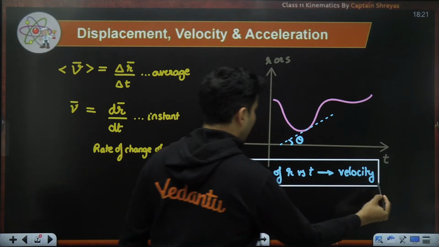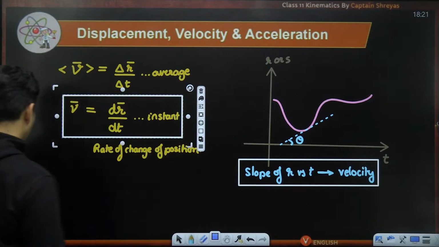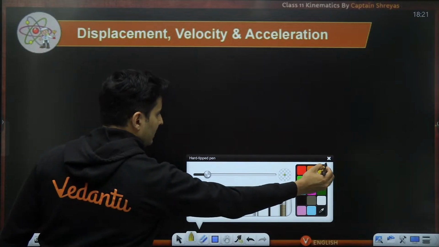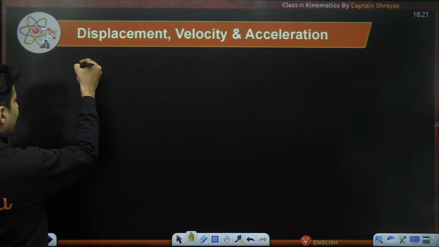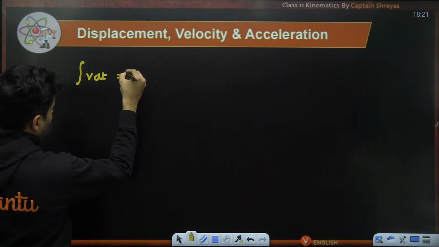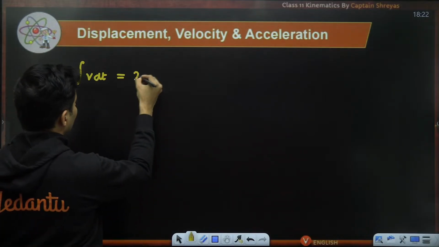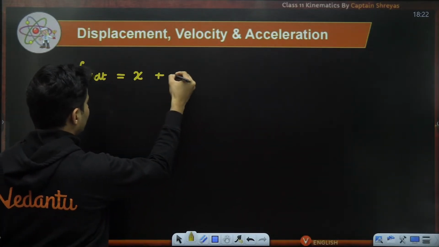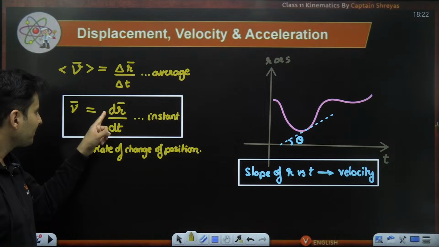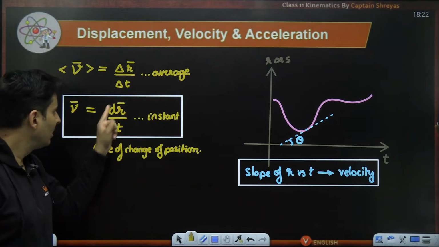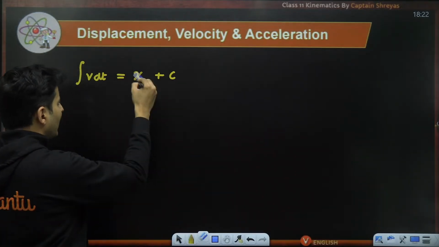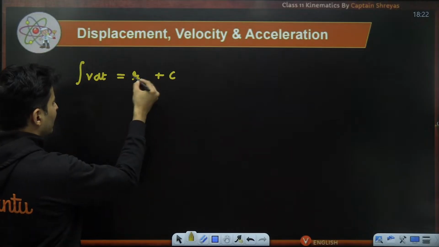So slope of position time is velocity. Same logic if I apply in the reverse: integration of velocity with respect to time should give me position, but without the limits, I will have constant of integration. Because think logically, if velocity is the derivative of position, position will be integration of velocity. So it could be x, y, z, or I can just say r also. R is some position.